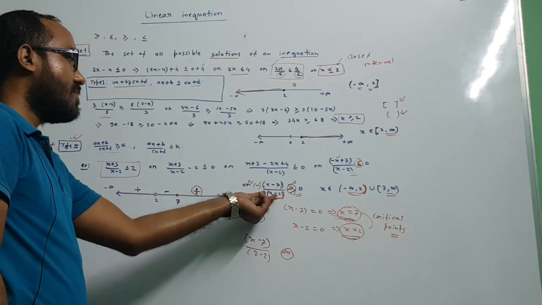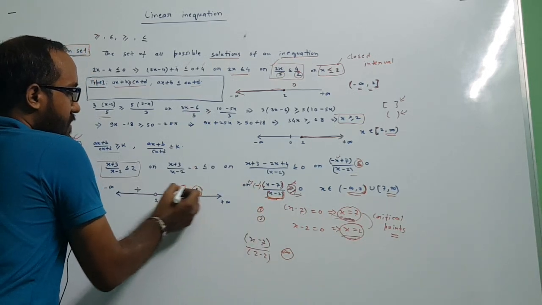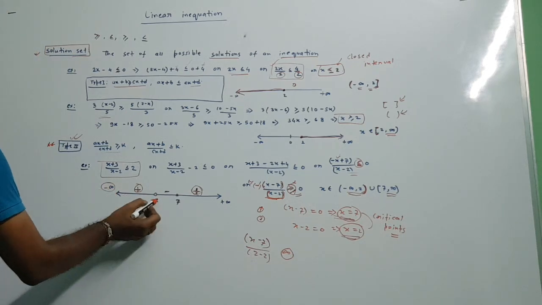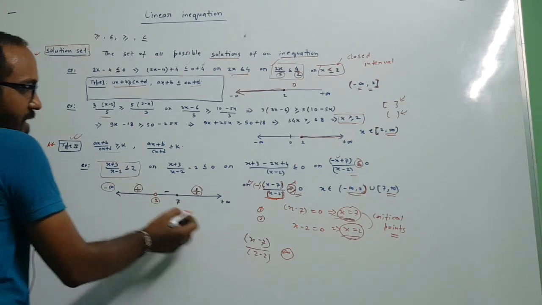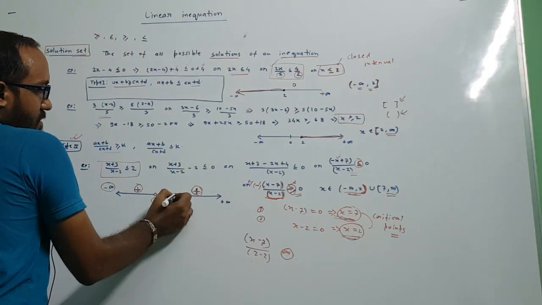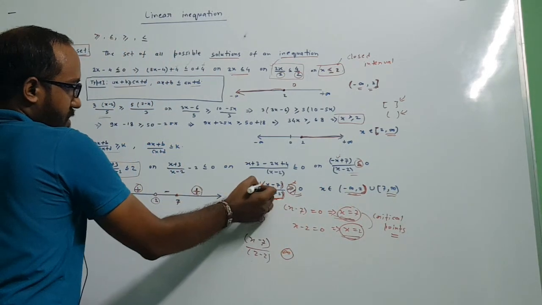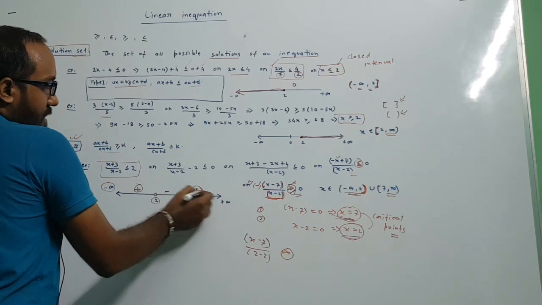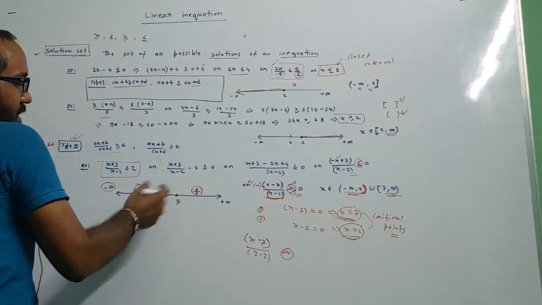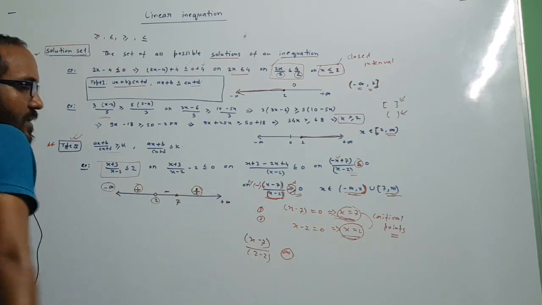As our left hand side should be positive, we have to take these positive signs. So what would be our solution? Our solution would be from minus infinity to 2, as it is open circle. So we have open interval, union, as it is closed interval, 7, because it is in the upper side. So from 7 to plus infinity. Union, because this point is excluded, all other solutions are included.